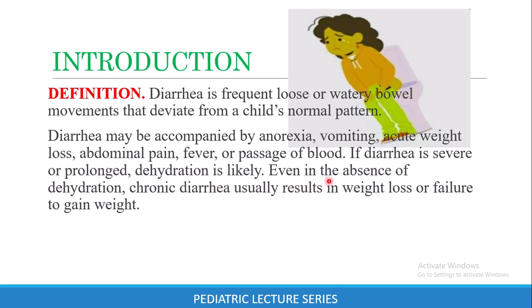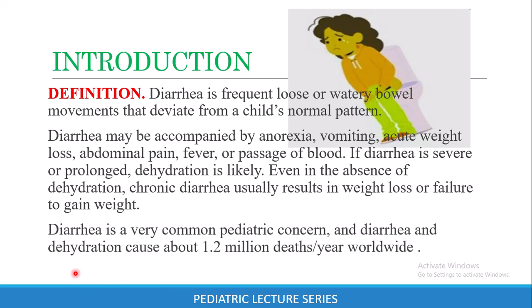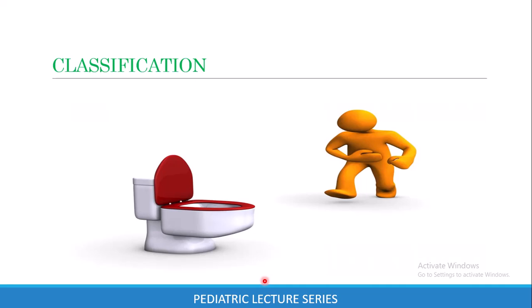And in absence of dehydration, chronic diarrhea usually results in weight loss or failure to gain weight or even failure to thrive. Diarrhea is a very common concern in children, and if you combine diarrhea and dehydration, these two cause about 1.2 million deaths in a year throughout the world.